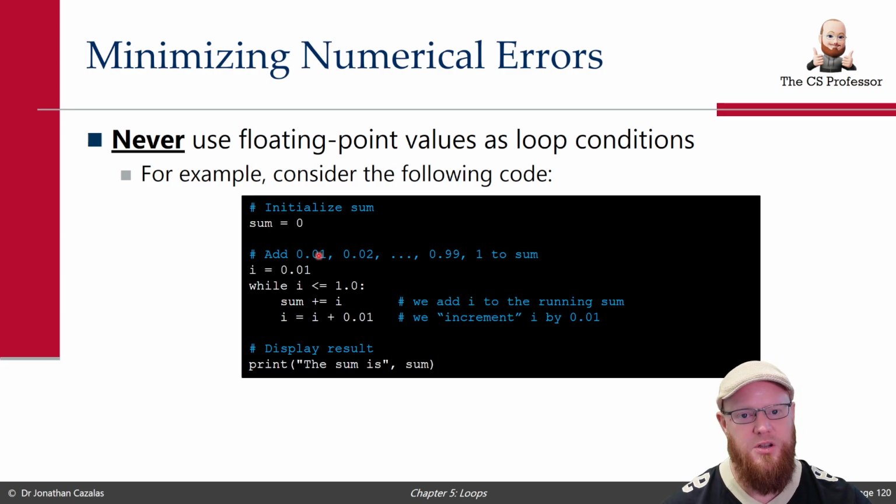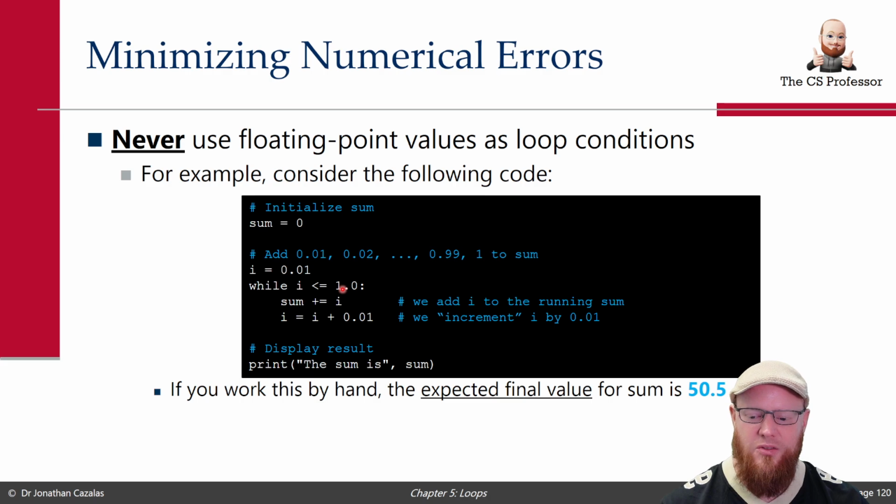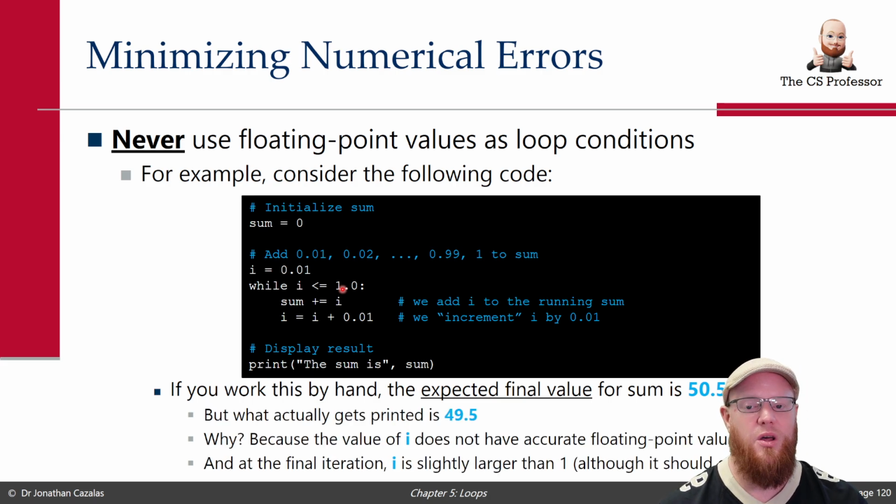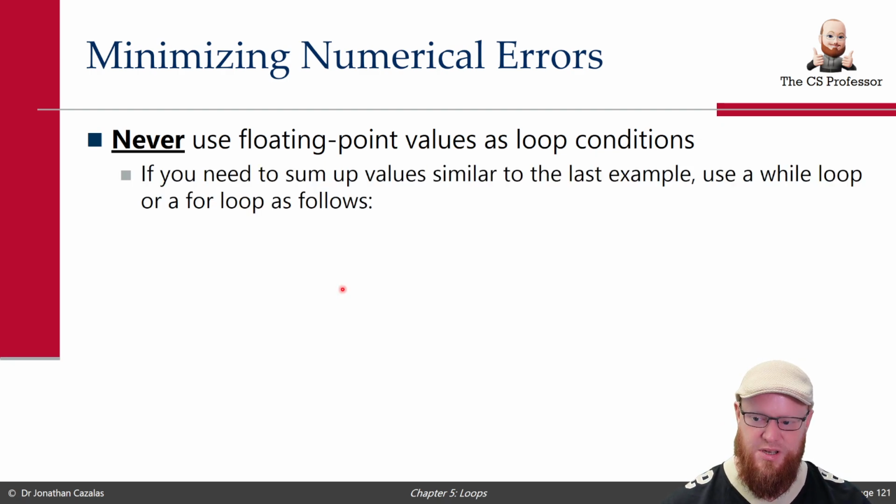So i becomes 0.01, 0.02, 0.03, all the way up until it is 1.0. So while i is less than or equal to 1.0, keep running this. Well, in fact, we're not going to get the desired result. It's going to be a little bit off. And the reason being is because, again, the issues with precision.